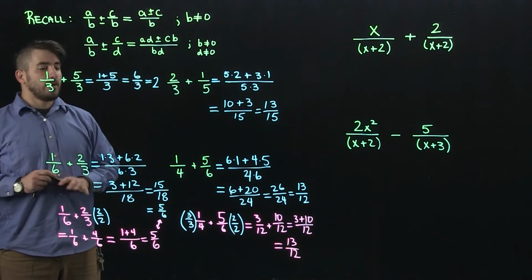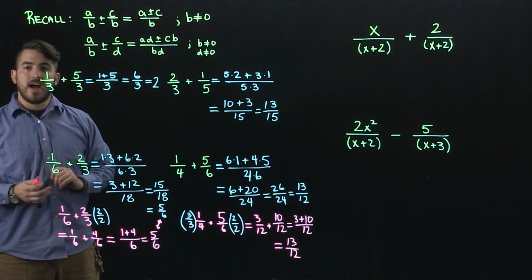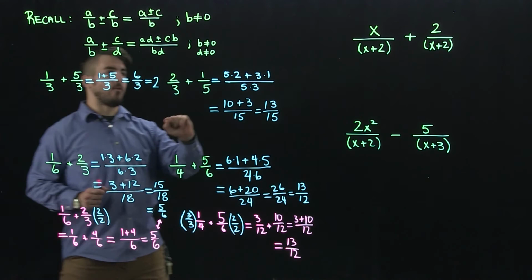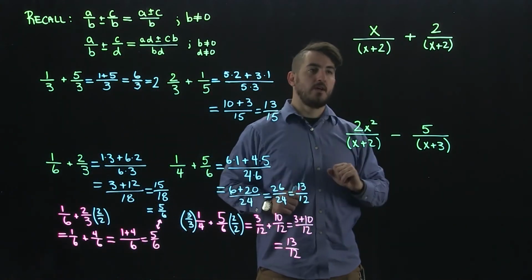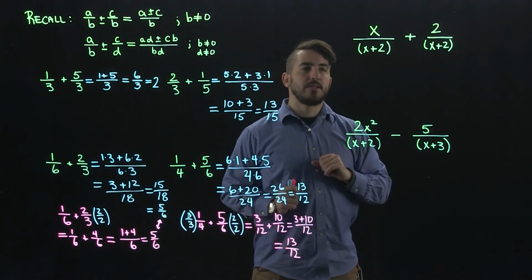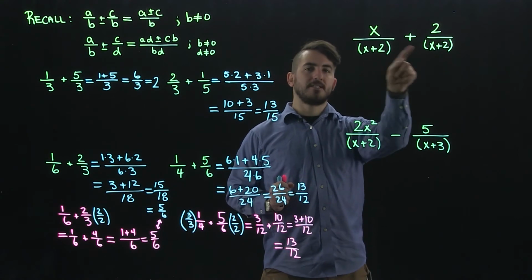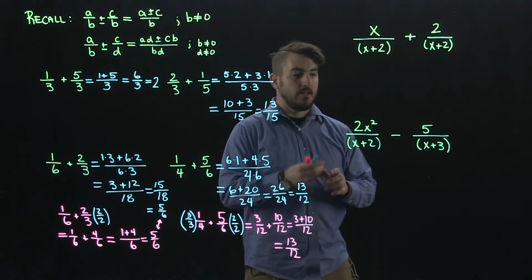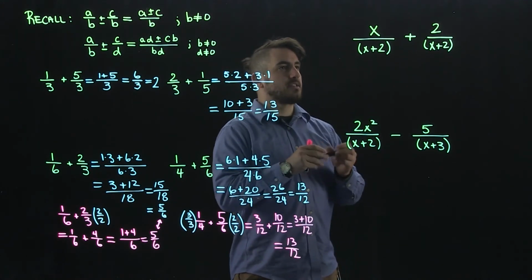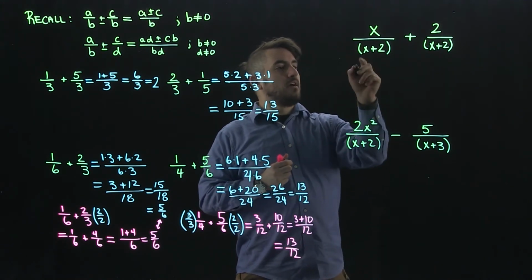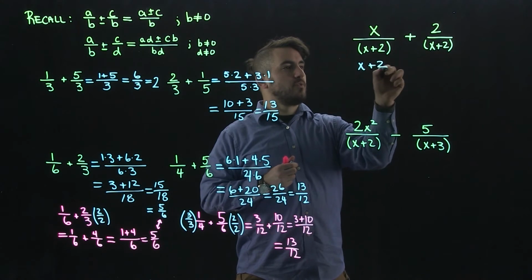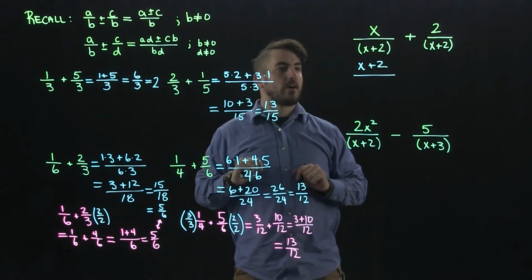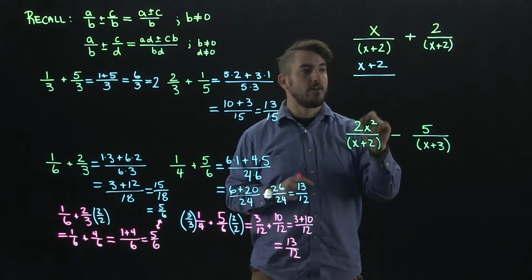Okay, so we want to use these ideas of adding real numbers, and we want to use that idea for adding two polynomials. So for the first example here, we see that they share a common denominator. So that is, we're just going to add across. So adding across, we get x plus 2 divided by, and just like in the other cases, we are going to leave the denominator alone.